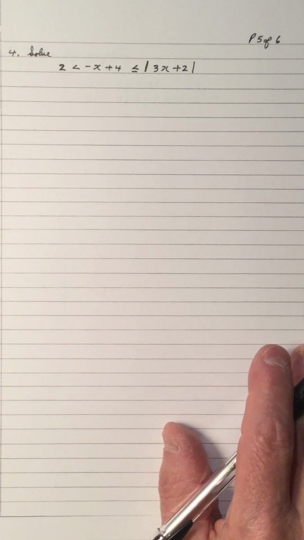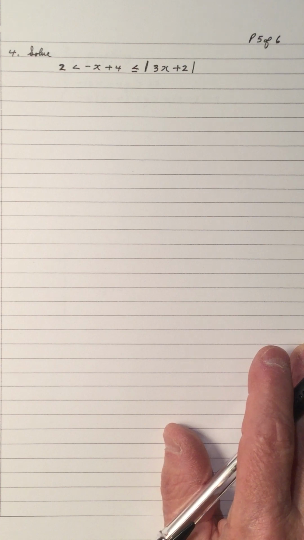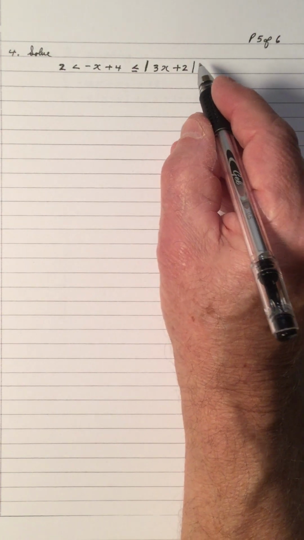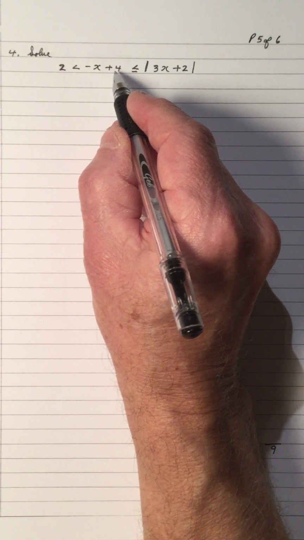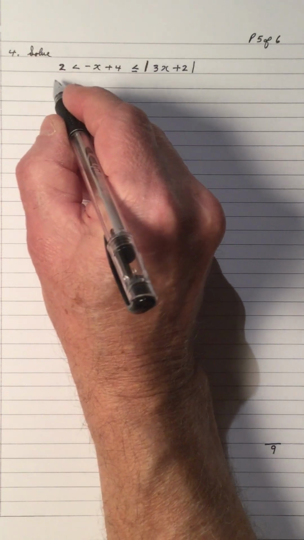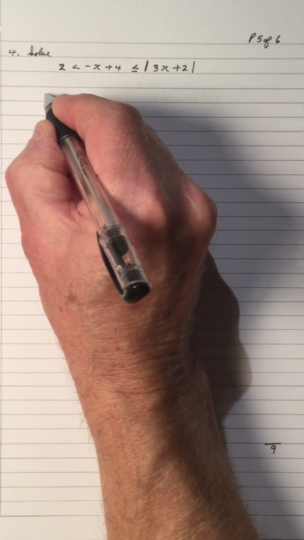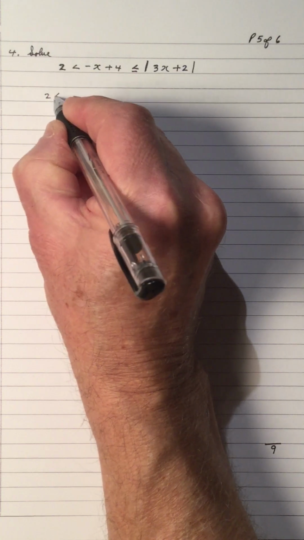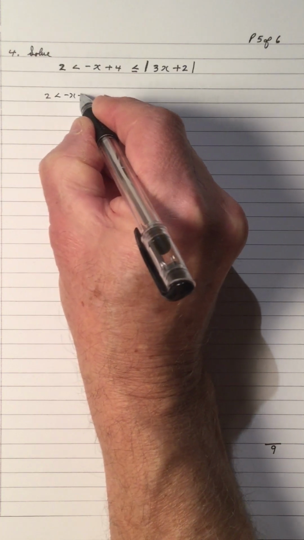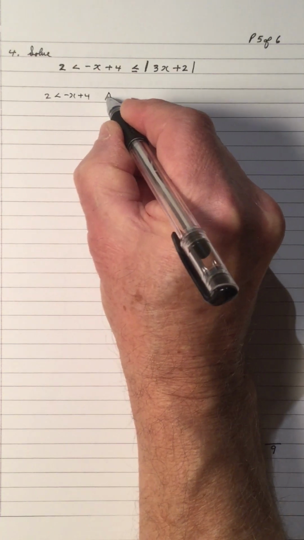Now, here's another one. I made up this one similar, but yet different. The negative x plus 4 is in between, so we have 2 less than negative x plus 4, and that's important.